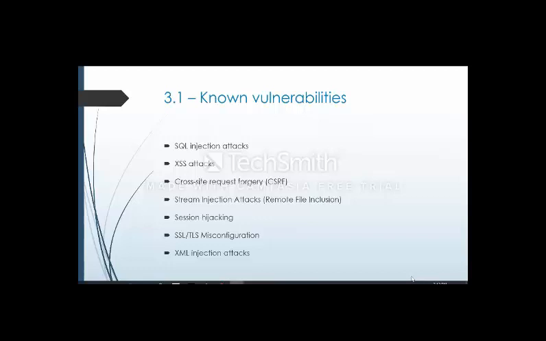Then, cross-site request forgery. This attack happens when a user is tricked into performing an act he didn't intend to do. For example, an attacker could trick a user to click on a link.